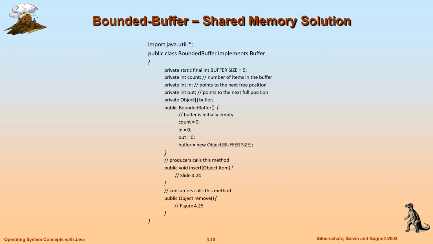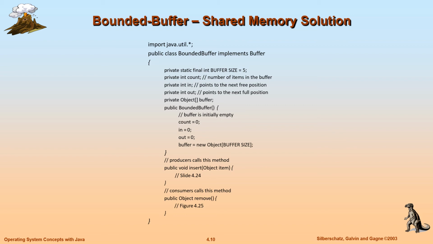The producer can produce one item while the consumer is consuming another item. They must be synchronized so that the consumer does not try to consume an item that has not yet been produced. The two types of buffers are unbounded and bounded. We are going to use only the bounded buffer, which means a limited memory size.